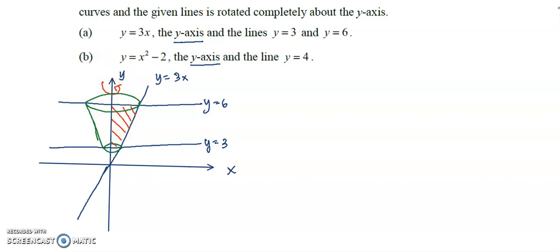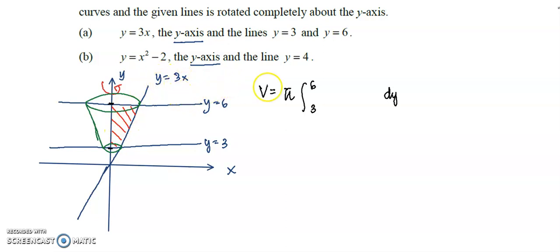Now we want to get the volume. Just integrate, starting from pi. You integrate with respect to y because the region is rotated about the y-axis. The limits also need to be taken from y, that is from 3 to 6. The function which bounds this region is 3x.